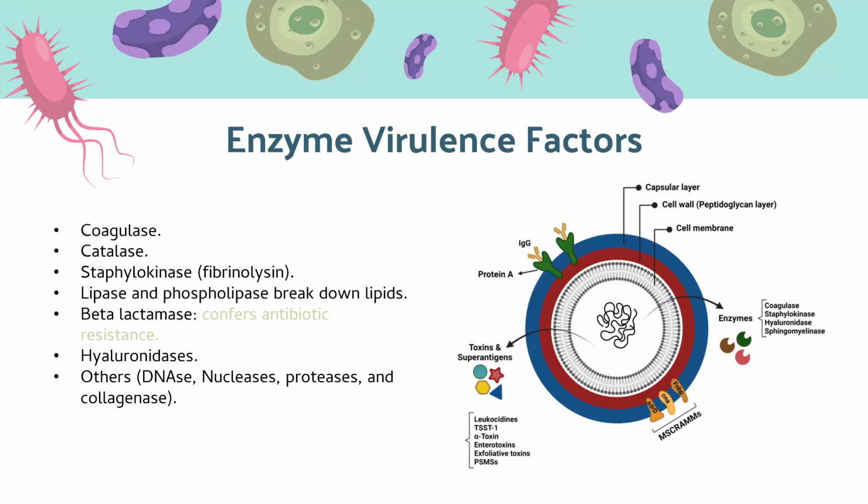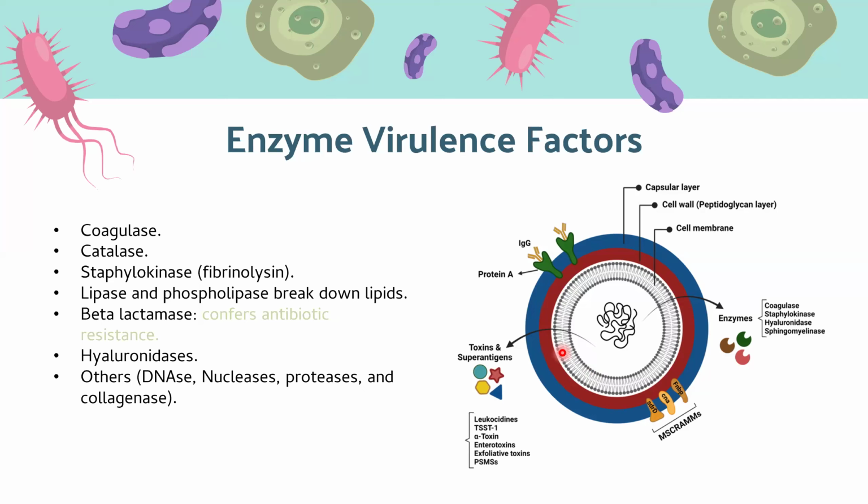Catalase is going to break down the H2O2 into oxygen and water, and it's going to have that frothy type of appearance. Lipase and phospholipase are going to break down lipids. Hyaluronidase is going to break down connective tissue. So overall, Staph aureus is just destructive, right? It has so much happening. It has everything in its favor.